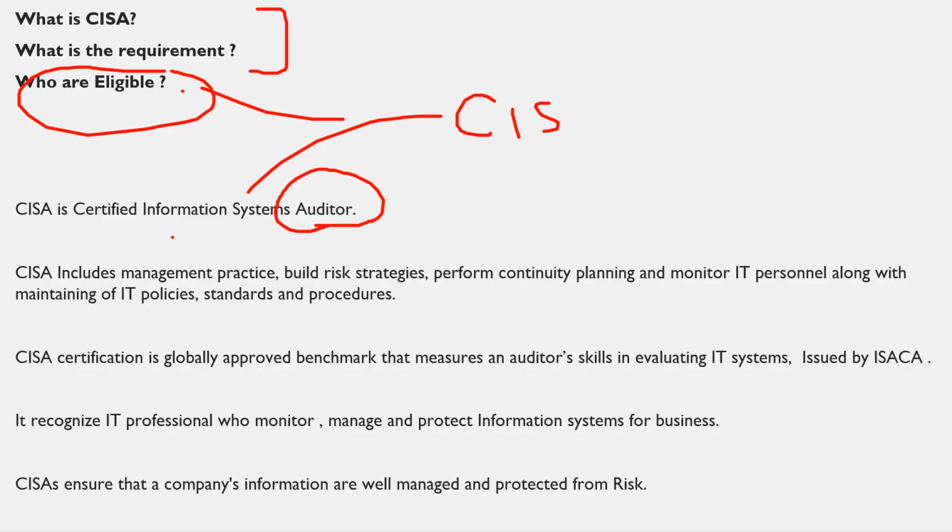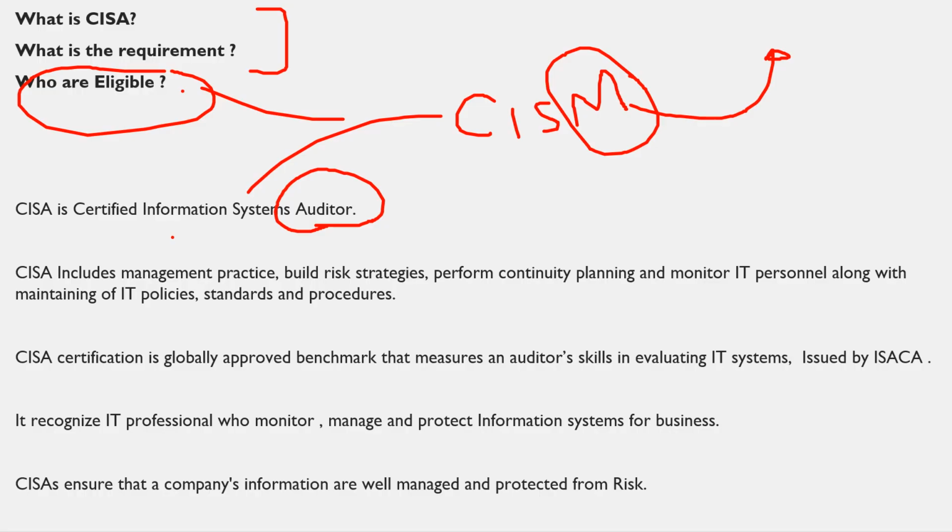CISM is Certified Information Security Manager, which is all about management, or we can say a kind of operation, and CISA is the auditor. That means your previous experience should be in a controls auditing profile, and if you have previous experience, then it's very good to move ahead with the CISA certification.